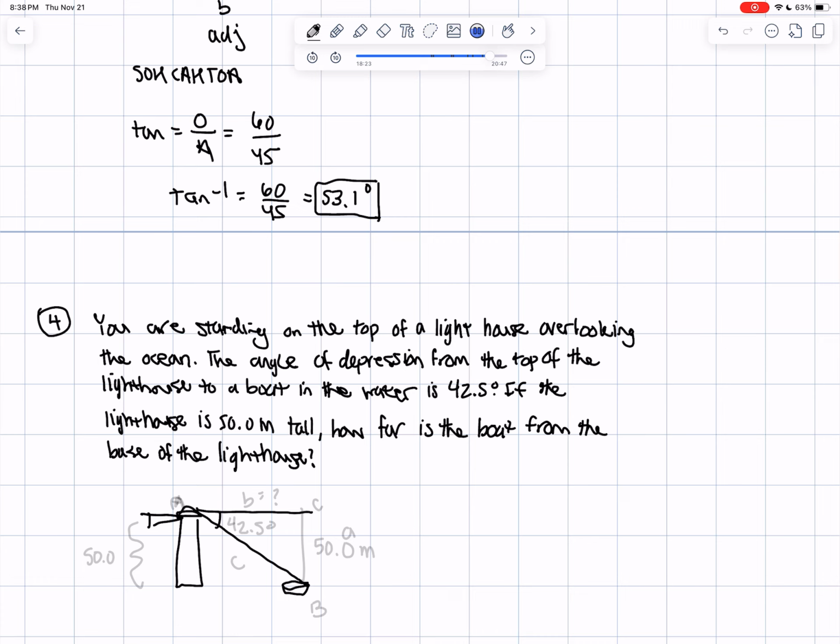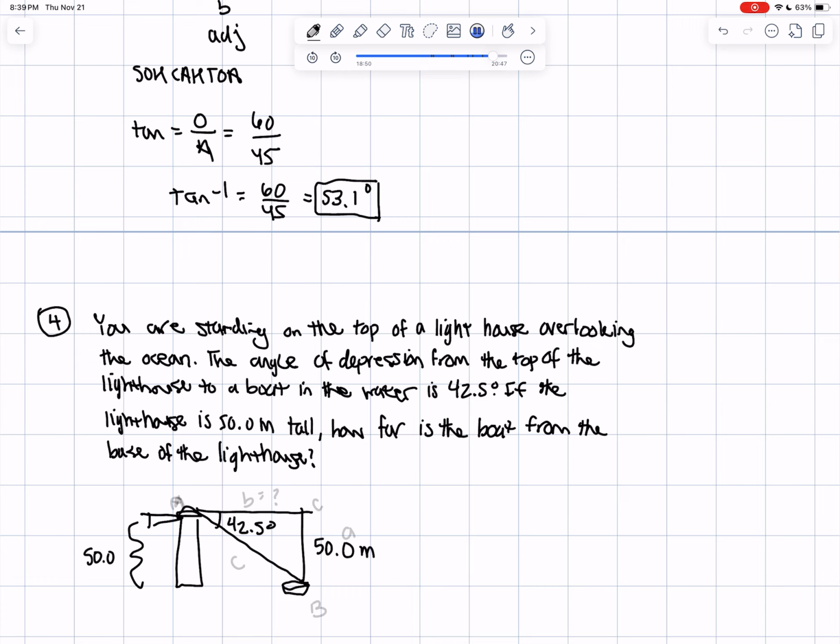And they say that the lighthouse is 50 meters tall. So I can draw my 50 meters here. And the angle of depression is 42.5 degrees. And they're asking us to find how far. So that would be this right here.